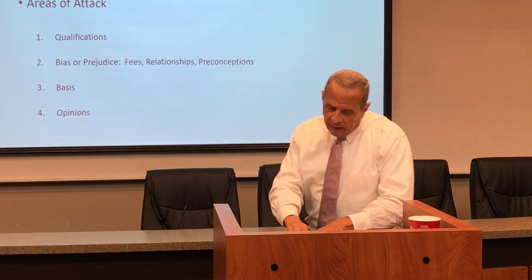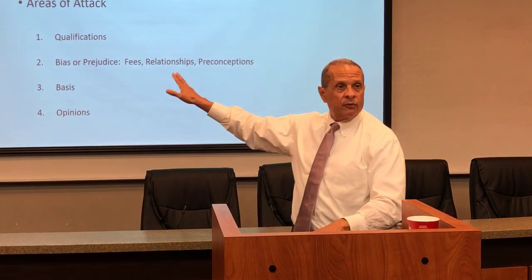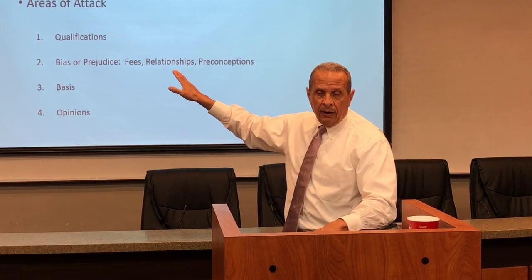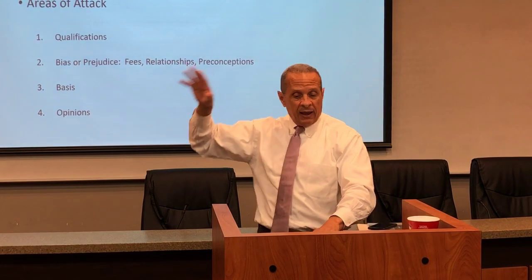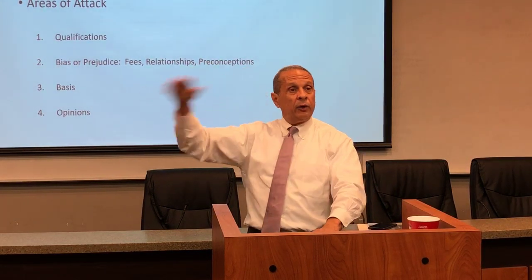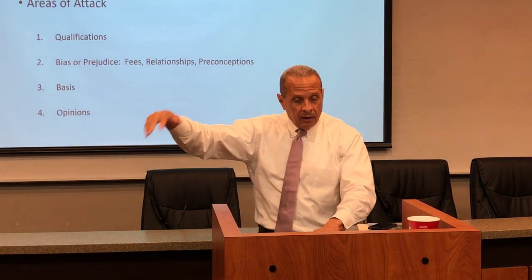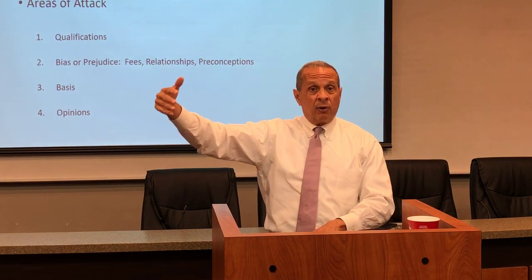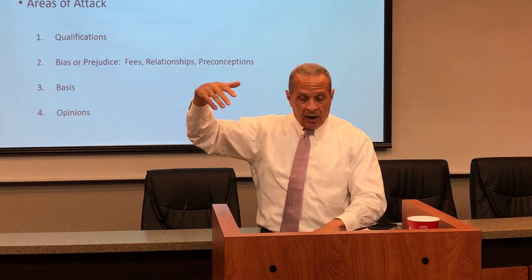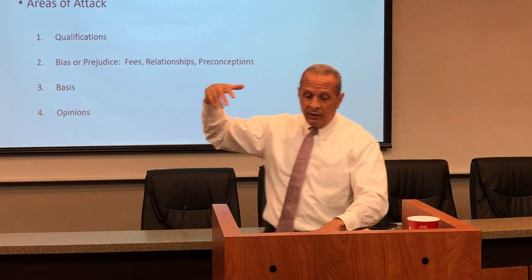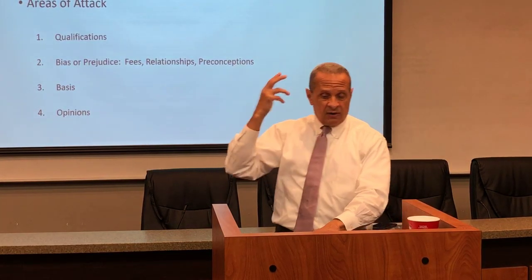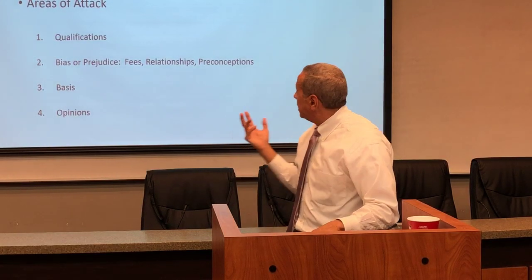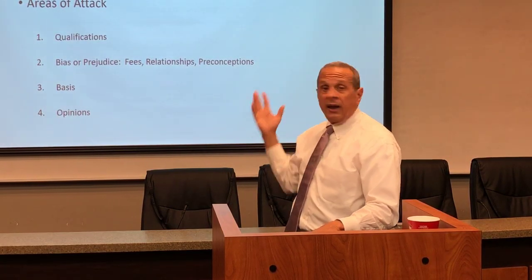Now, that could take one of two forms. One form could be attacking the qualifications with the goal towards excluding or precluding them from being a designated expert in the case. So, in that case, you want to undercut the entirety of their testimony because they're just not qualified to testify as an expert witness.